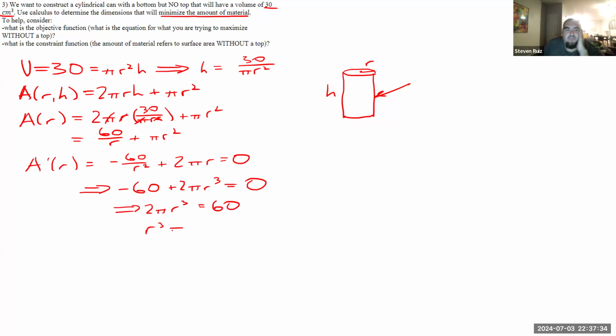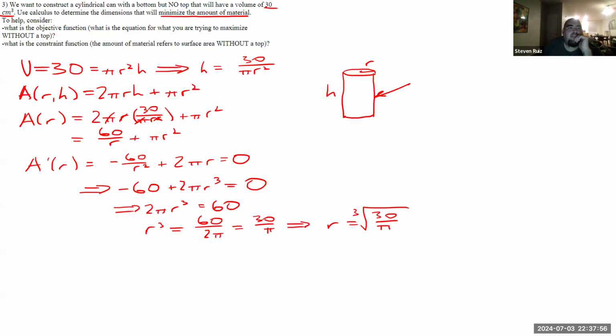So r cubed equals 60 over 2 pi, or 30 over pi, which means that our critical r value is the very obvious cube root of 30 over pi. Are we done?